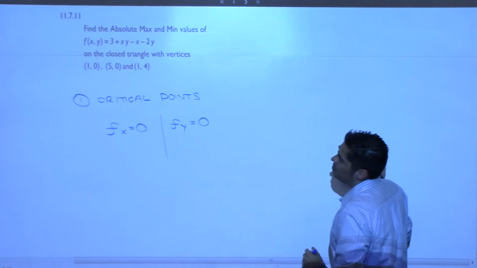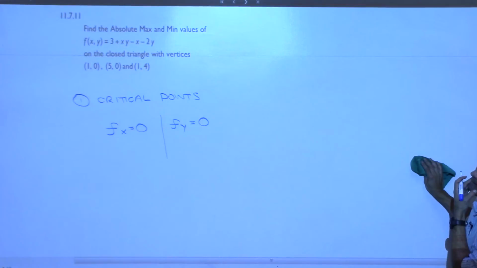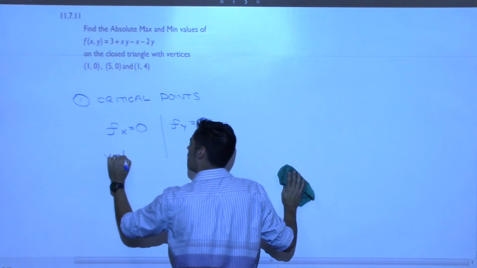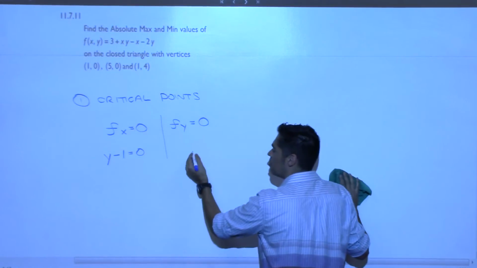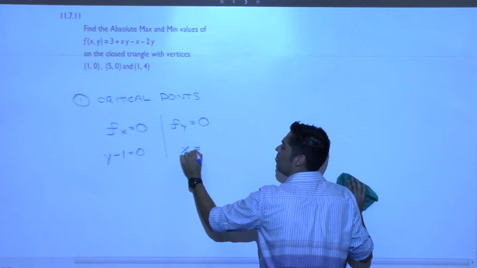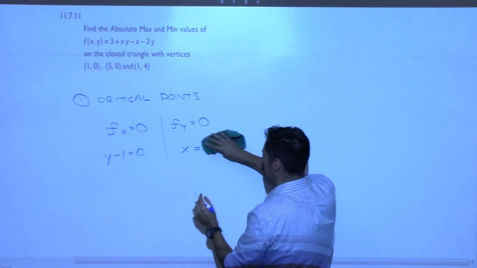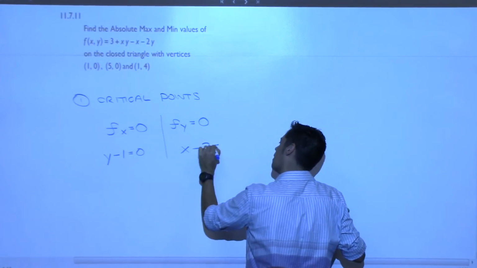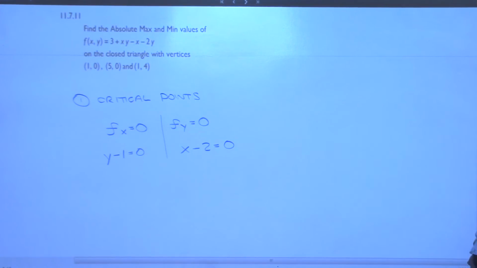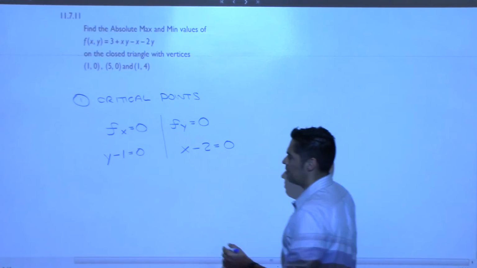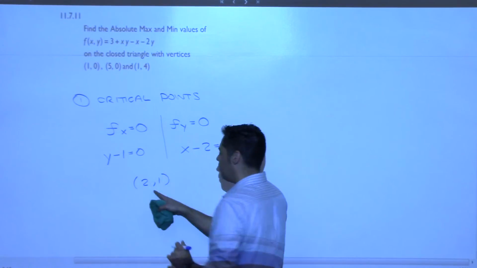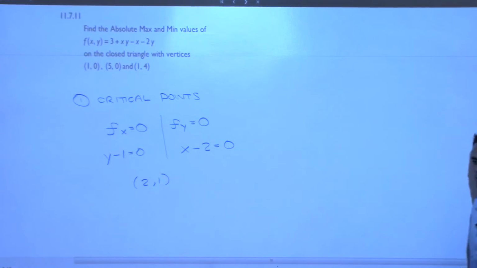Partial with respect to x is what? y minus 1 equals 0. And then the partial with respect to y is x minus 2 equals 0. And that's nice, isn't it? x and y are pretty easy to solve for here. 2, 1. It's a lot like the bonus problem was, setting those partials equal to 0, right?